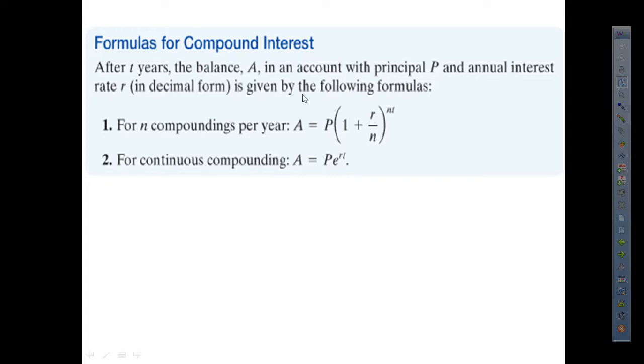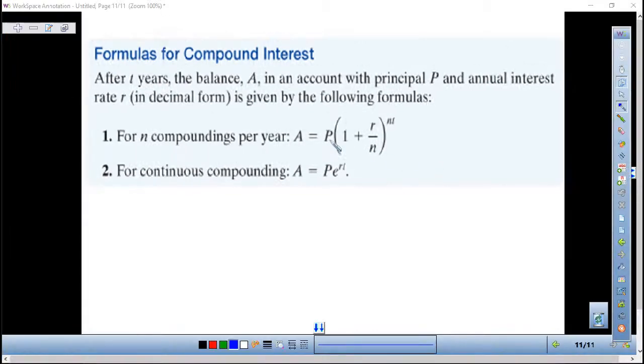That's one of the reasons why you're not typically ever going to see e used as a variable. Now, some formulas for compound interest. After t years, the balance A in an account with principal P and rate R in decimal form is given by the following formulas. For n compoundings per year, A equals P times 1 plus R over n to the nt. Now, make sure you know what everything is here. P is the principal, that's the amount you put in at the beginning.